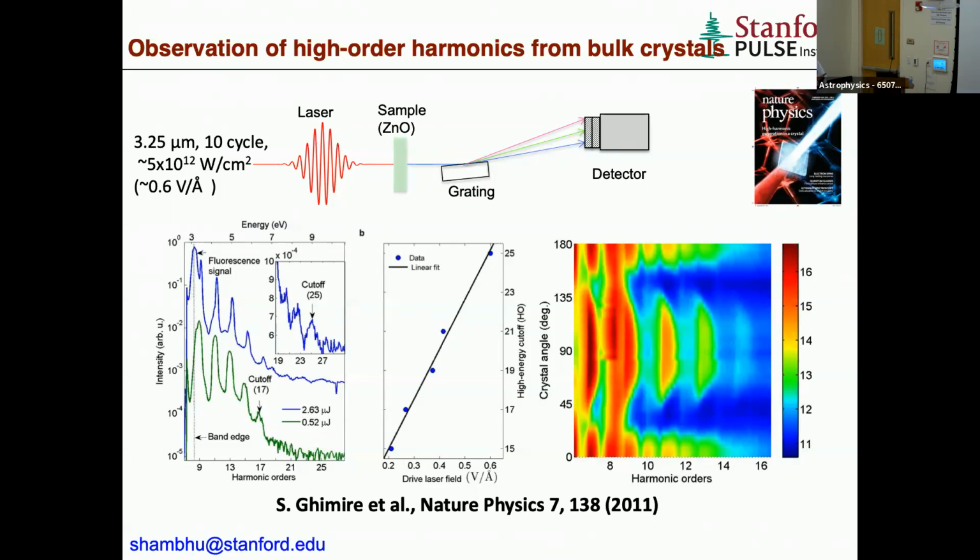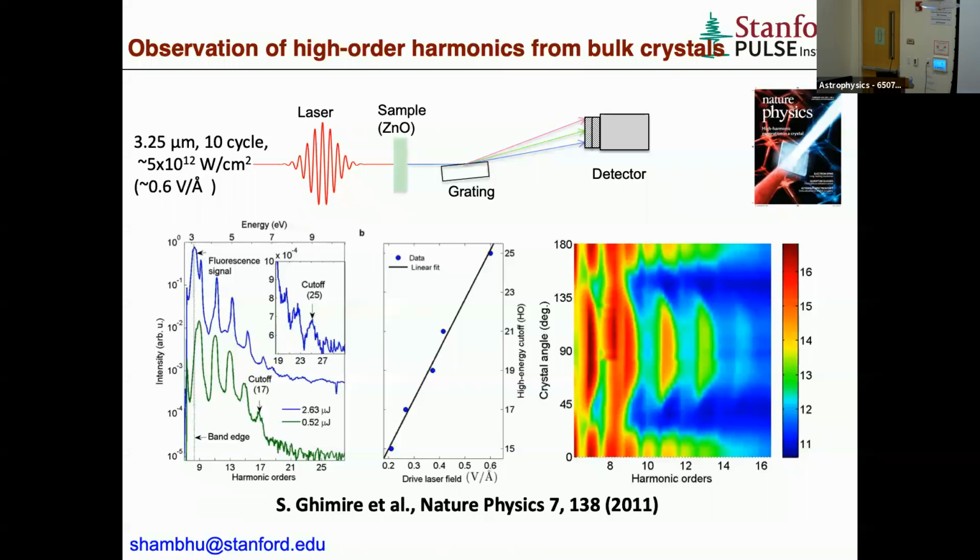Because of that, the photon energy is very far from the band gap, and this is a very strongly non-resonant excitation, and therefore you can reach similar levels of peak intensities as people have been reaching in the gas phase.